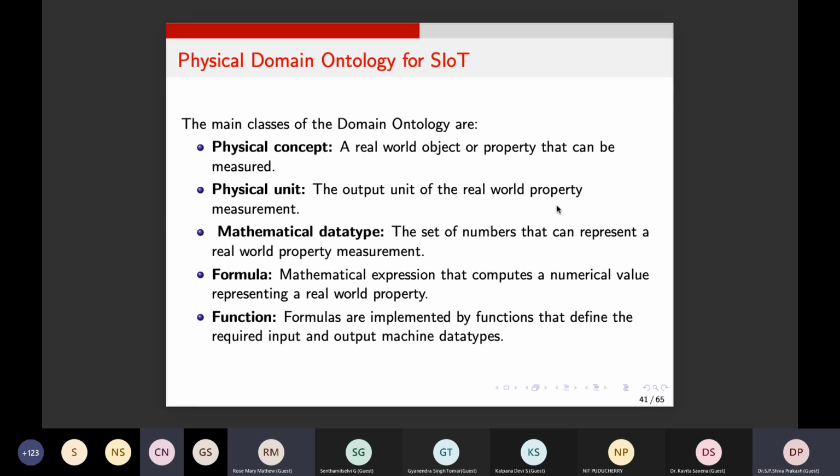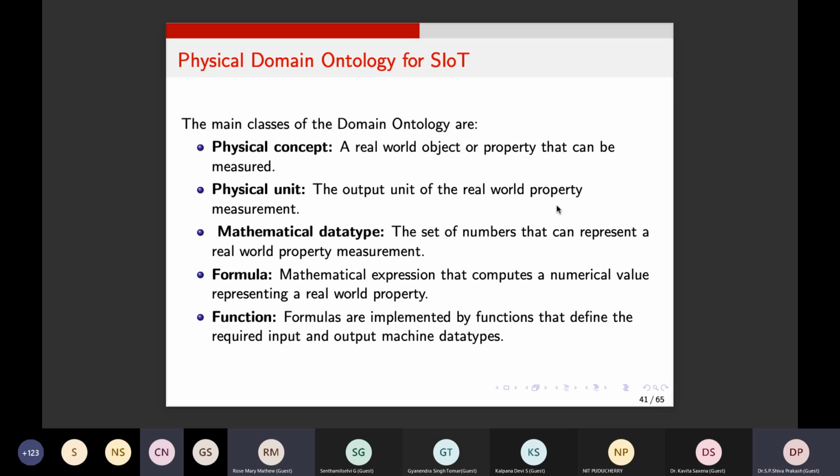So according to the particular domain, we try to capture this social relationship among the different devices, right? How these devices are related. Okay, we try to find what are the relationships, the social relationship that you have between those devices based on the set of services that are provided by these devices.